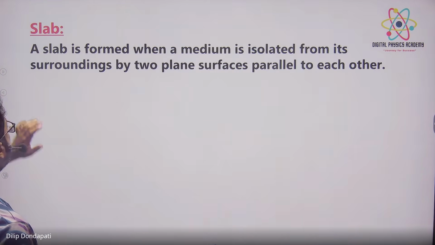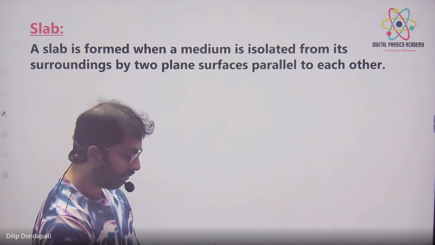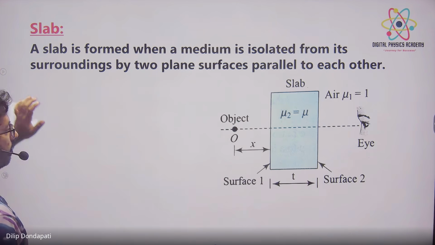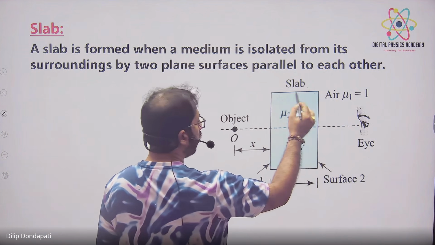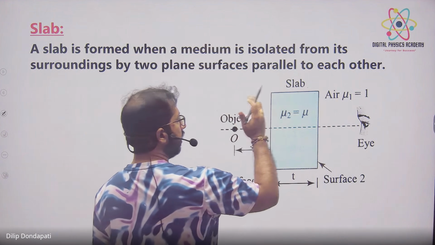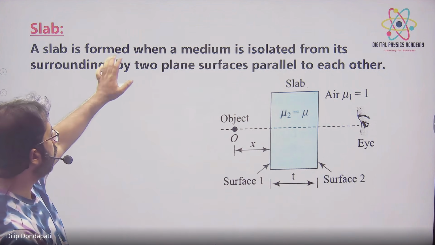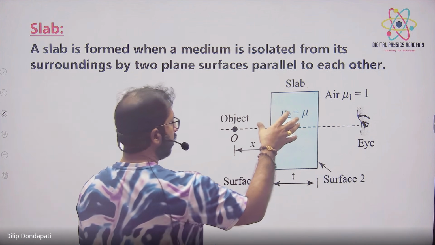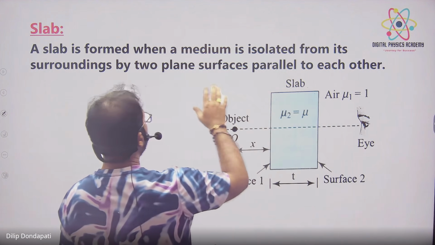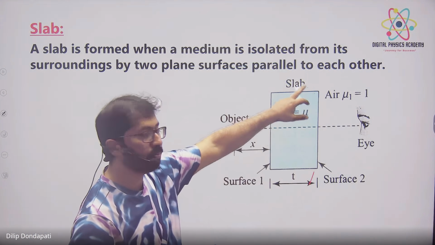A slab is formed when the medium is isolated from its surroundings by two plane surfaces parallel to each other. That is called a slab. Look, this is called a slab. On this side there is air, on this side there is air, and the medium is separated by two surfaces. So after putting this slab, it is isolated from its surroundings by two plane surfaces parallel to each other.